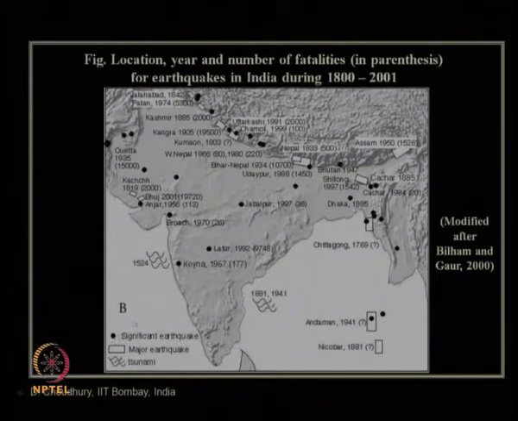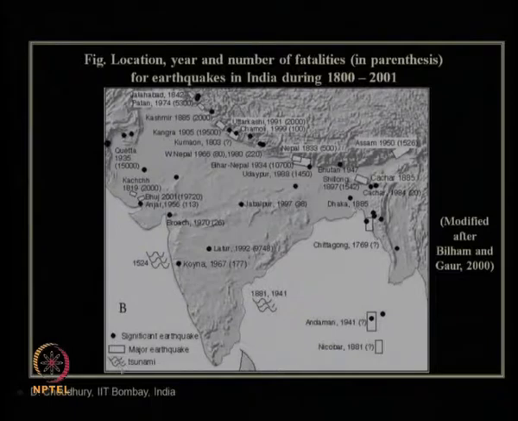The black dots show those earthquakes called significant earthquakes, that is, their magnitude was pretty high and they caused damage. The rectangular symbol denotes the major earthquakes in India and the surrounding region, like our Bhuj, Kutch earthquake. These are the major earthquakes, and all the Himalayan region earthquakes are called major earthquakes.